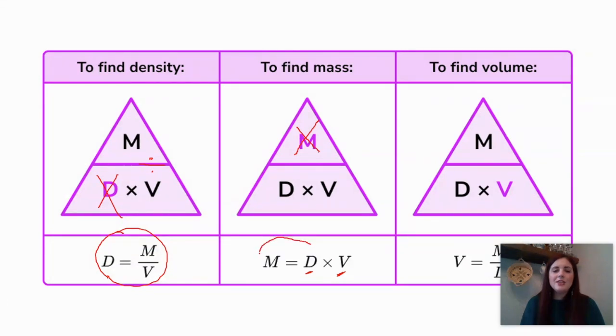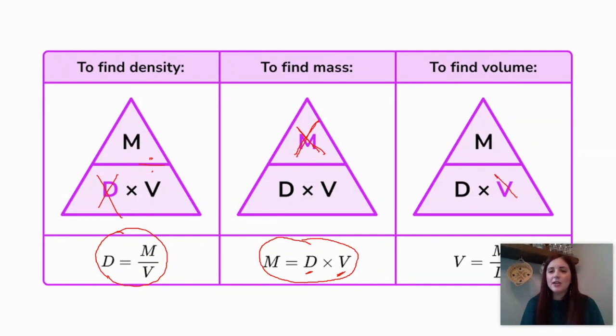So notice how this does not make you do all that algebra to solve. It kind of gives you the equation just by crossing off one of those variables that you don't need. So notice here, top and bottom, mass divided by volume. Mass is equal to density times volume.